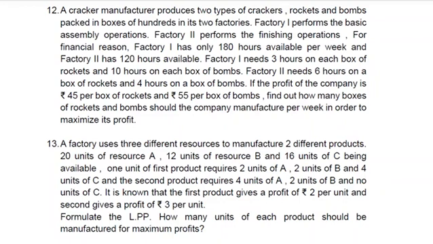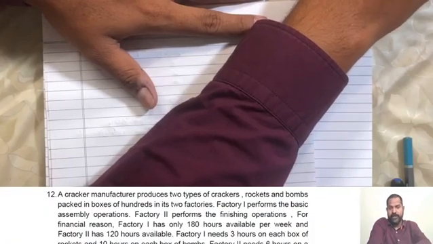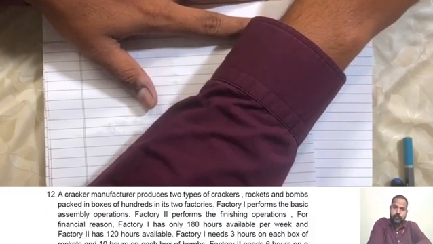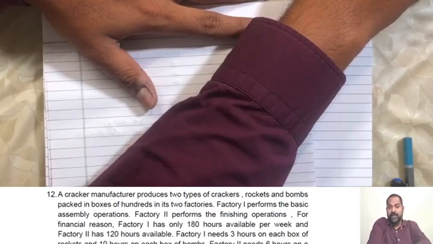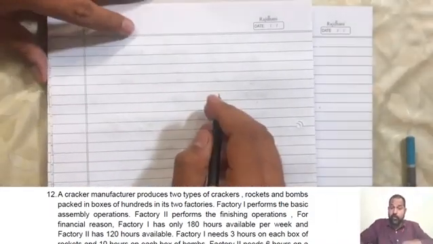Okay, I will do that for you. Let me minimize this question here, and now we will see it in parts. A cracker manufacturer produces crackers of 2 types, rockets and bombs, packed in boxes of hundreds in 2 factories, F1 and F2. So what are you making?